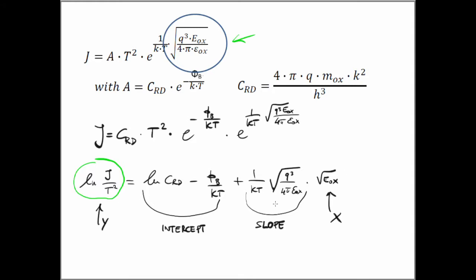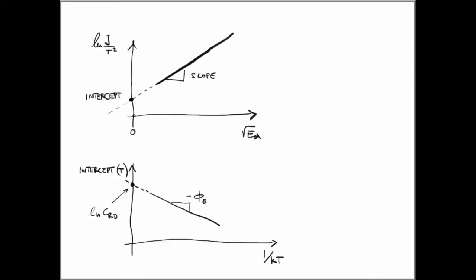This indicates a linear relationship between the quantity I have called y and the quantity I have called x. So if we plot this relationship, we should get a straight line.